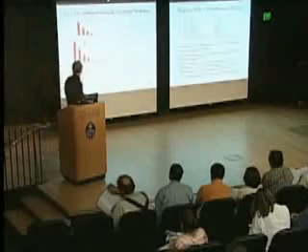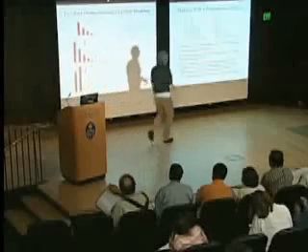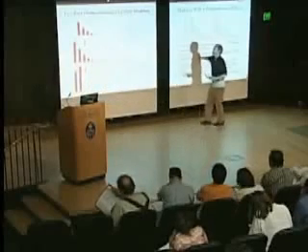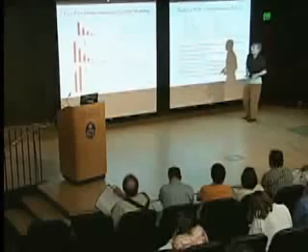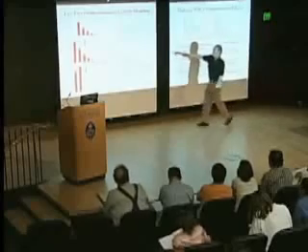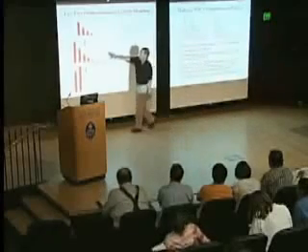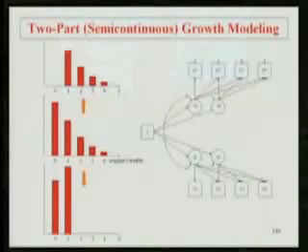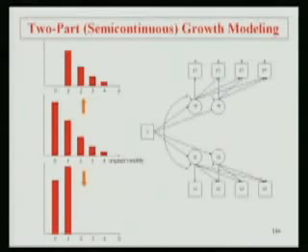Now, if you look at this, the two-part modeling, which might be particularly accessible for us, starts out with an original variable looking like this, with a high piling up at 0. And what is done is to break this variable up in two parts, hence the word two-part modeling.